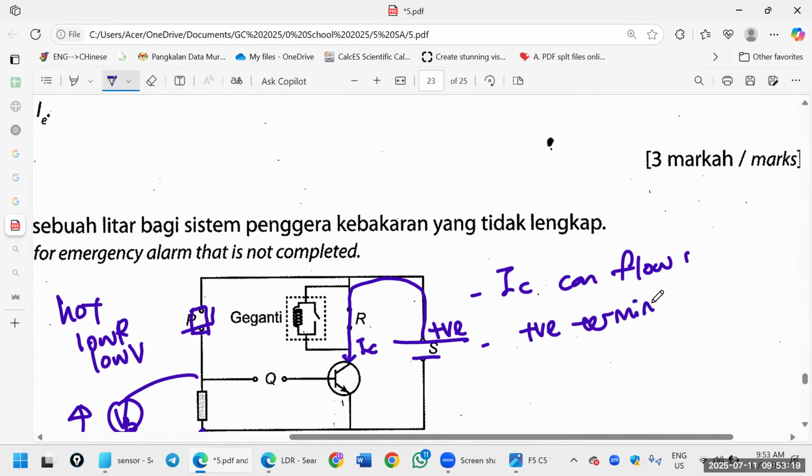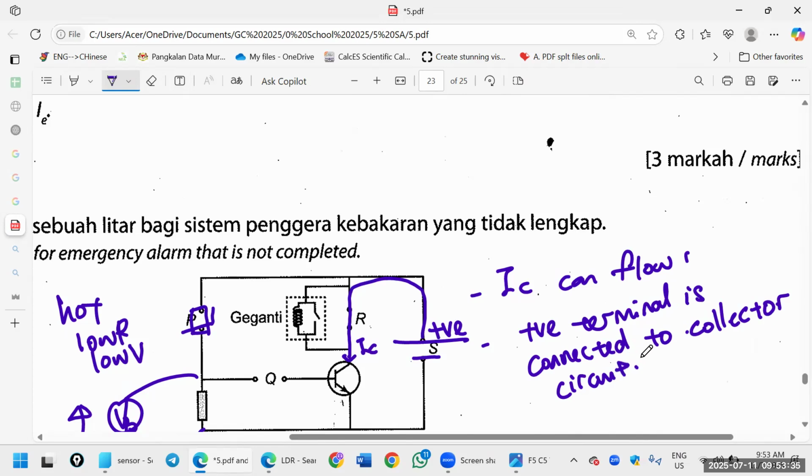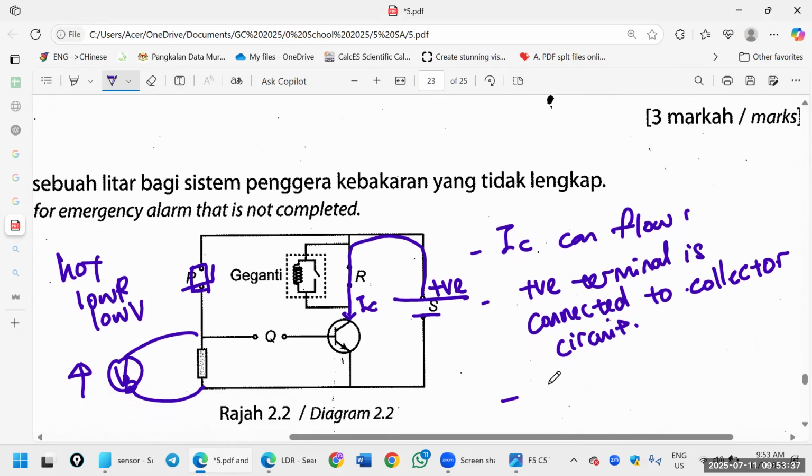The positive terminal is connected to the collector circuit. Or we say we make a forward bias circuit. We chose this so that it's a forward bias circuit.